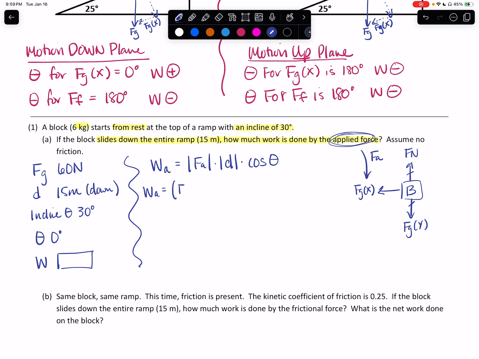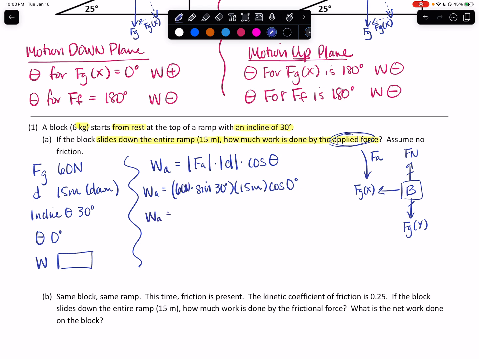So FGX is going to be FG times, and this is an inclined plane problem, so the sine of my 30-degree incline angle times my 15 meters times the cosine of my angle between the motion and the force. Oh wait, I forgot to put in FG. Oops. 60 newtons, okay?